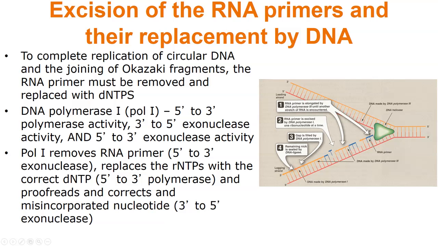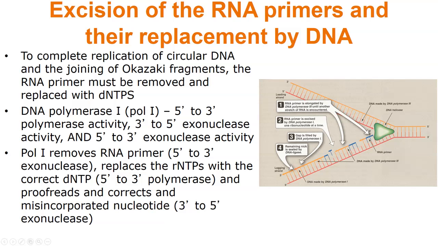So what you'll see is it comes in, and in this case we have some lagging strands. We have an RNA primer there. It'll come in, have a 3' hydroxyl group to add on to, and start polymerizing DNA. And as it moves forward, polymerizing that DNA and checking its work with proofreading activity, it's removing the RNA primers in front of it.